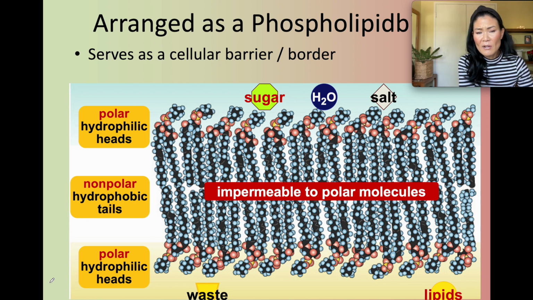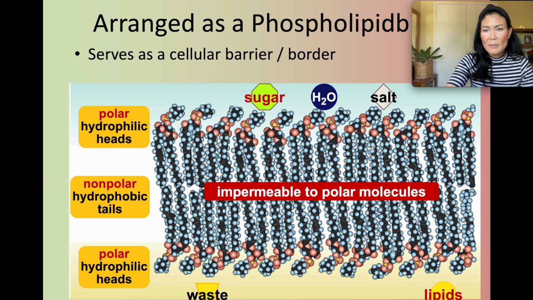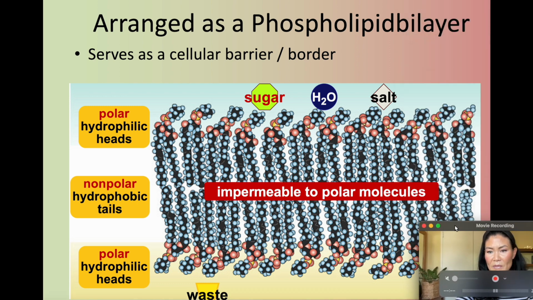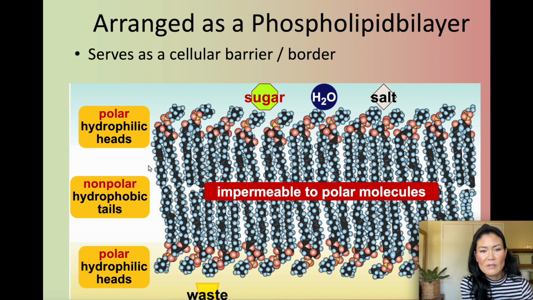But there are substances that are polar, that are charged, that need to get in the cell. We're going to be talking about that in just a minute, but first a little bit more about the phospholipid bilayer.